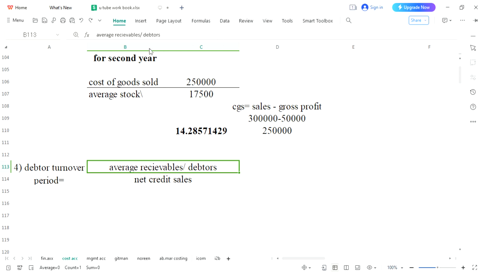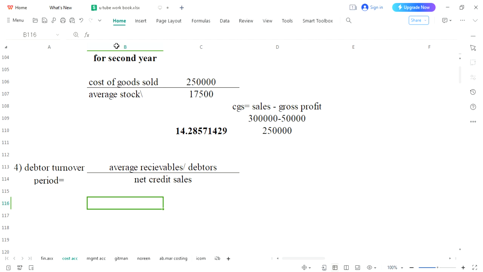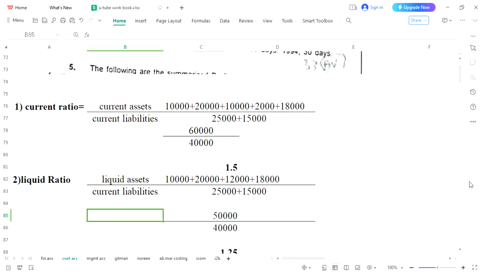Like I am just putting a divisor line. It may be possible that we can do rough work, but I'm requesting you to please be very careful. Never write it casually. Everything should be neat and fine. We need average receivables. Let's get back.